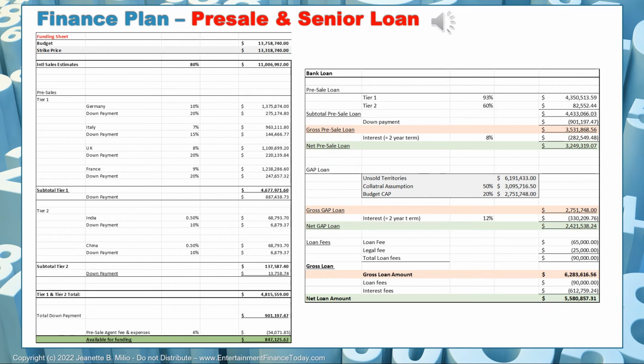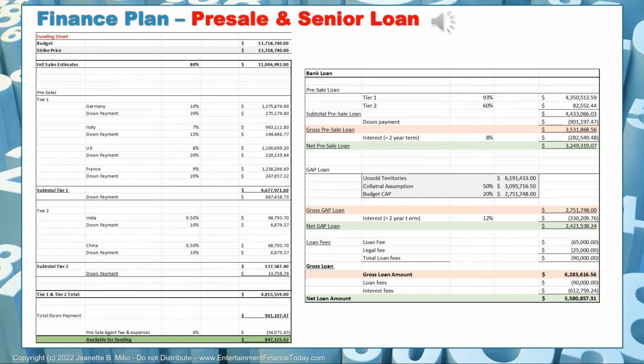So altogether, we get a bank loan for these territories of 4,433.66, but we have to deduct the down payment that we already received for these contracts, this advance payment of 901,197.47, because we already received this portion.